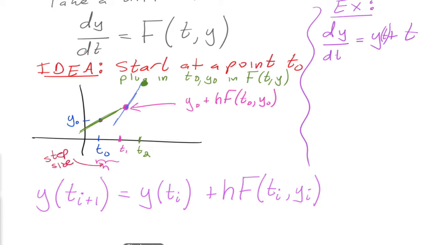And we're going to start at t equals 0. So we're going to have a loop that takes that y value. It adds h times the derivative at the y value, which is simply plugging in the t value and the y value into the differential equation, right? Does that make sense?